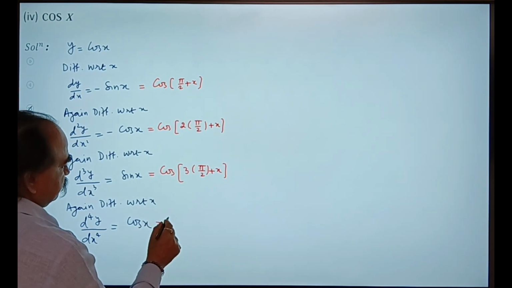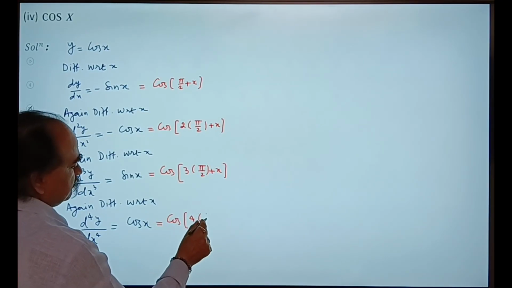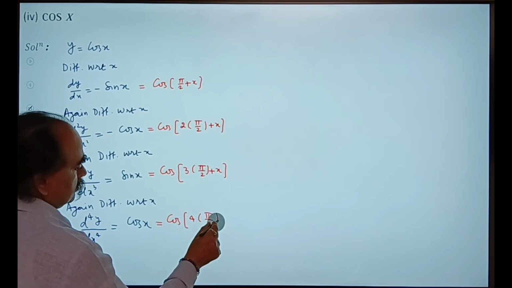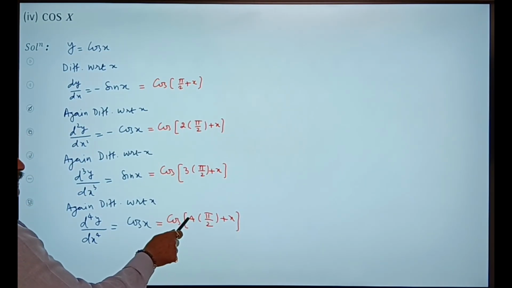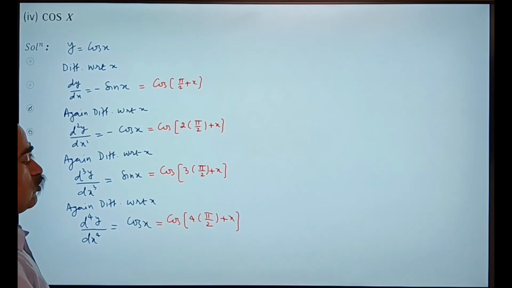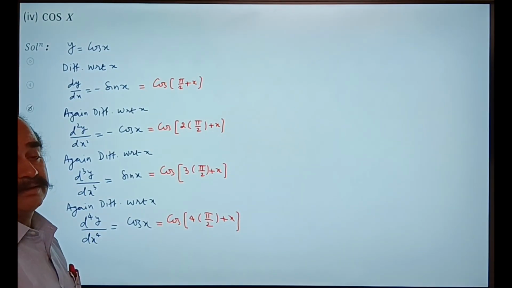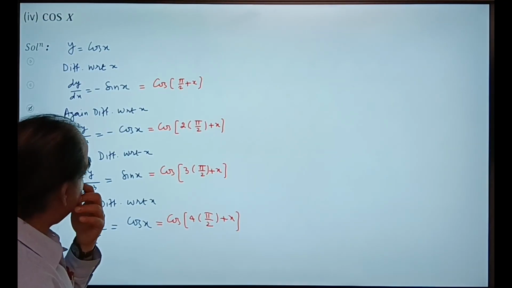And this can be written as cos 4 times pi by 2 plus x. 4 is even, so cos will remain same as cos. 4 times pi by 2 plus x will go in first quadrant. In first quadrant, cos is positive.